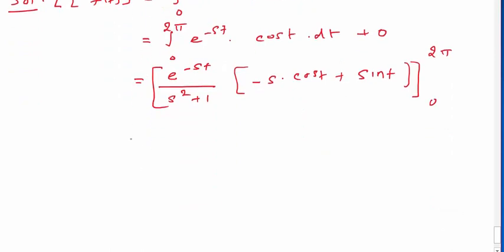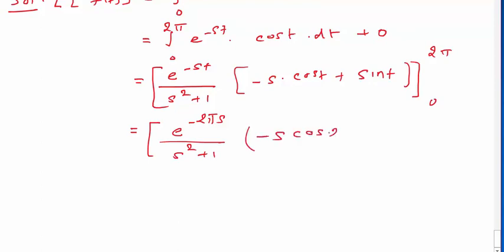Now when we put 2 pi, we get e power minus 2 pi s upon s square plus 1, here minus s into cos 2 pi plus sin 2 pi, minus e raised to 0 upon s square plus 1.